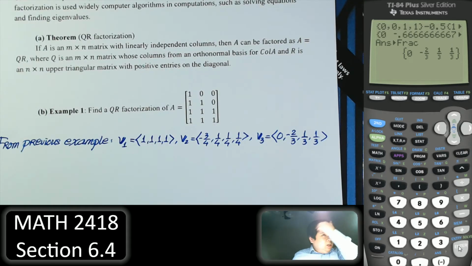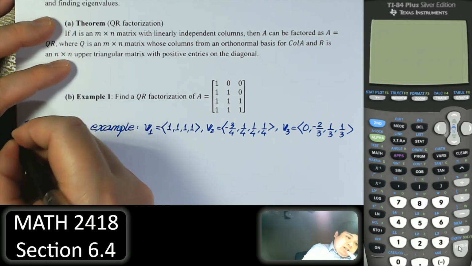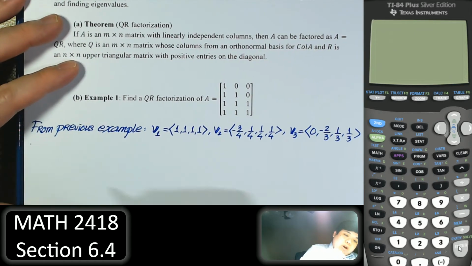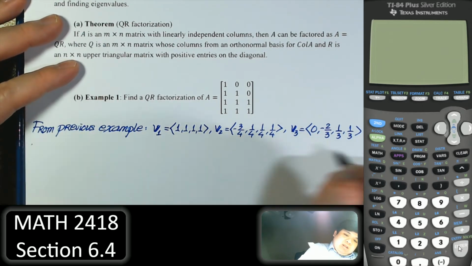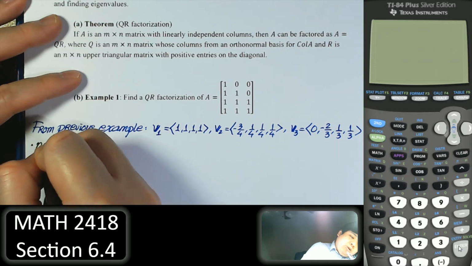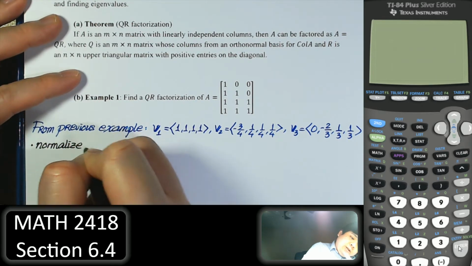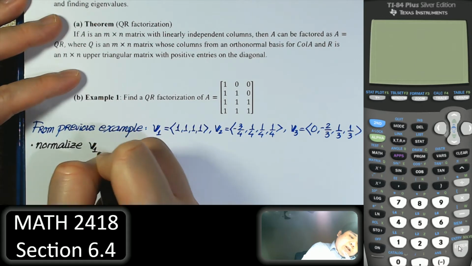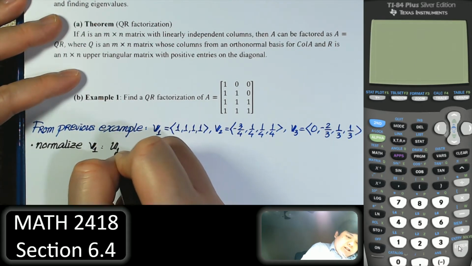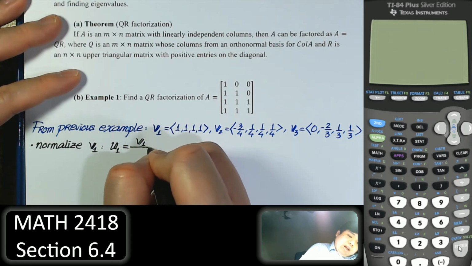Yeah. So we have those three vectors which are orthogonal to each other. Now to normalize, I'm just going to say normalize v1, meaning finding the vector that is in the direction of v1 but with length equal to 1.